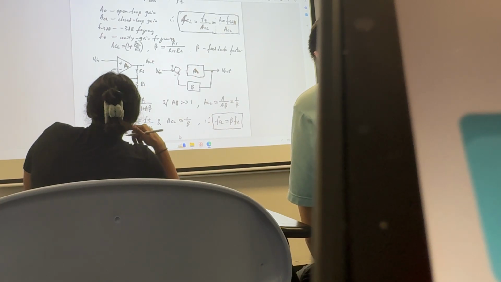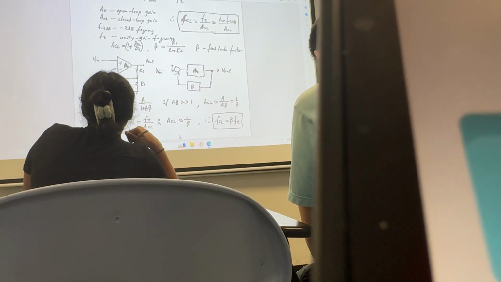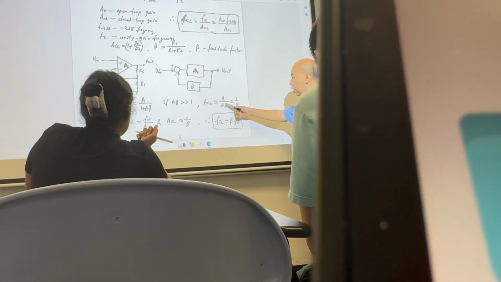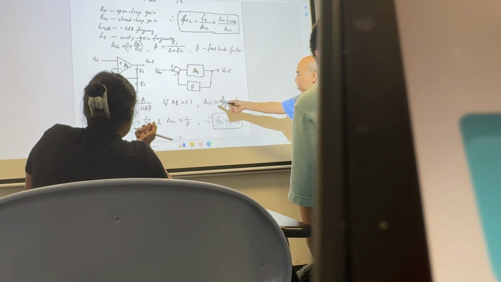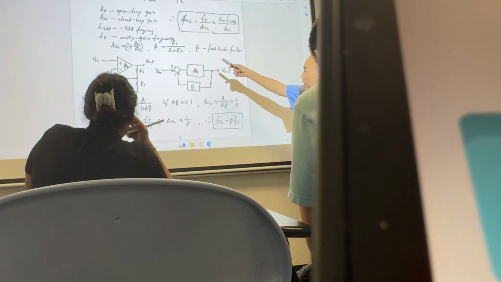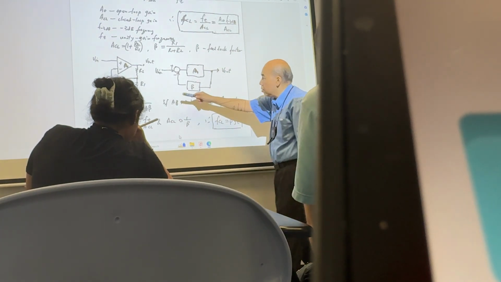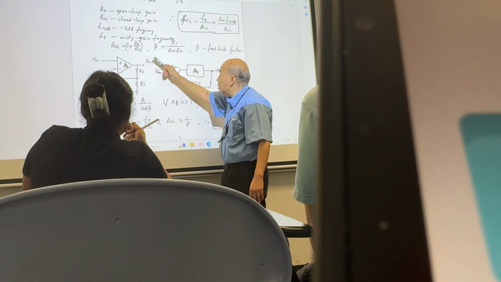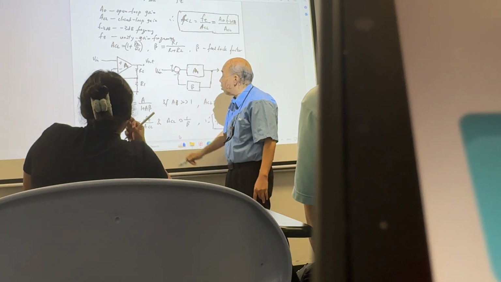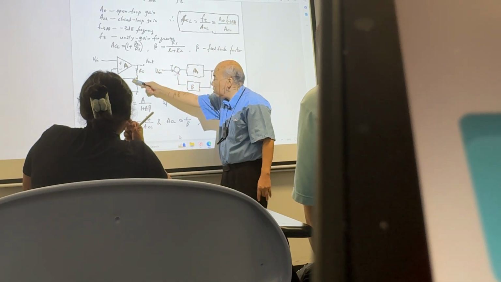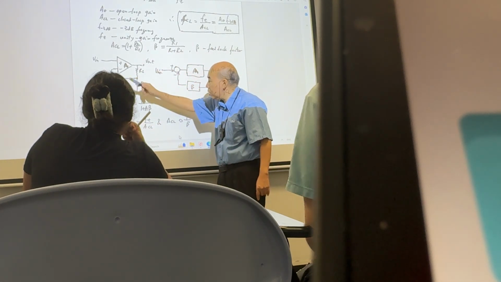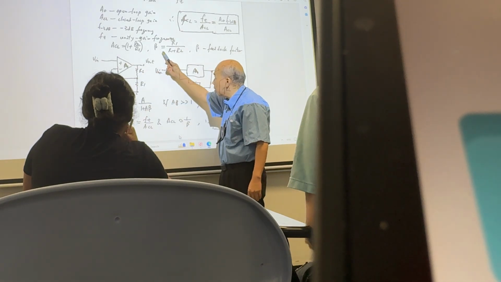This is the open loop gain. Beta is the feedback factor. Now you can use the resistors to calculate beta. Right here, the feedback factor is R1 over the sum of two resistors, because you sample the output and feed back a fraction of the output to the inverting input, and this allows a potential divider function, right?